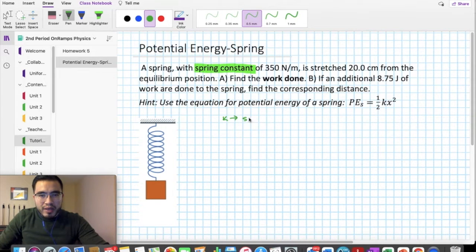The way I teach it is, this is a property of the spring, which is the stiffness of the spring, right? How stiff it is. And this number, what it means is it takes 350 newtons of force to stretch or compress this by 1 meter. That's what it means. So it's the spring constant. Again, the property of the spring, which is the stiffness of the spring.